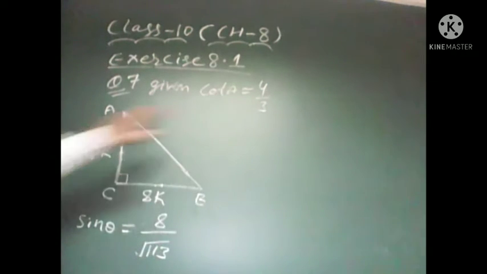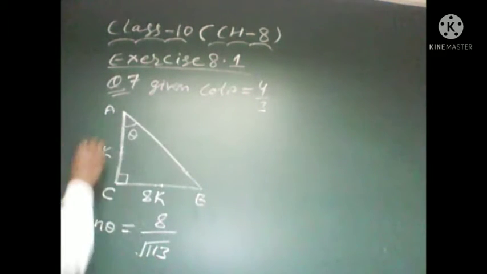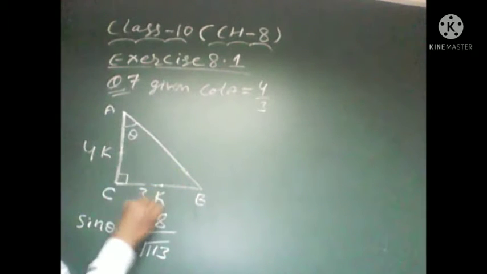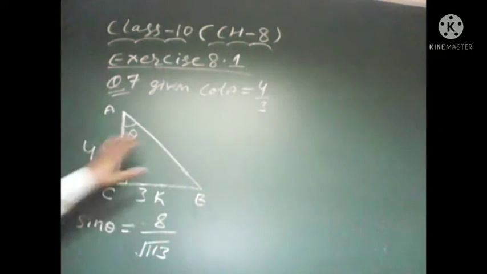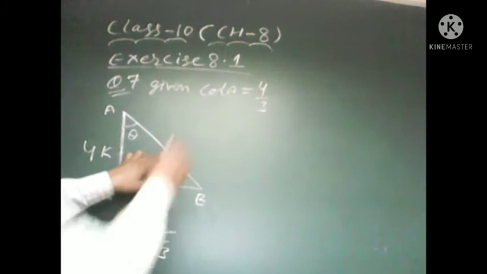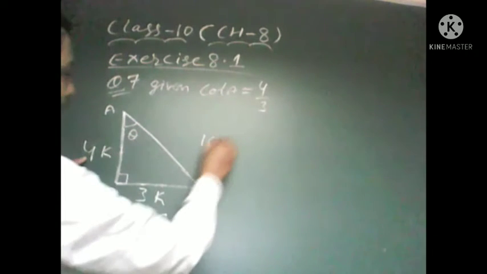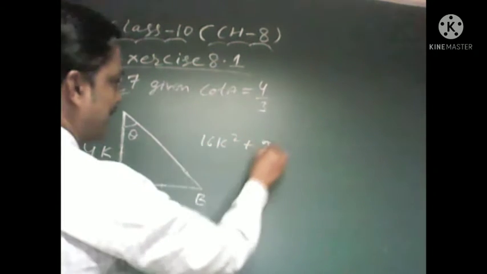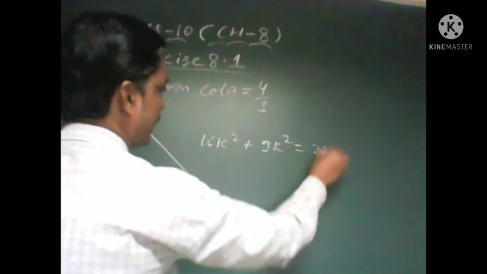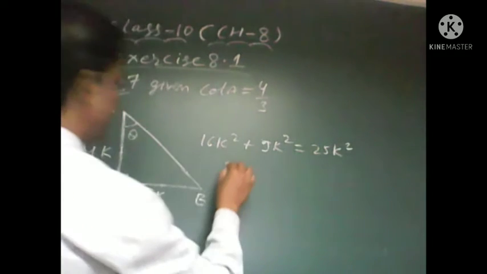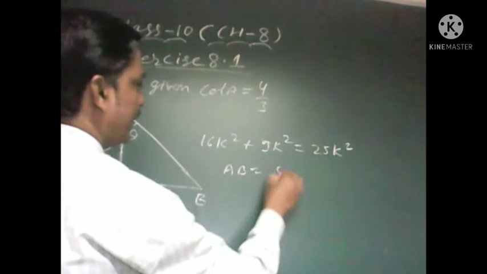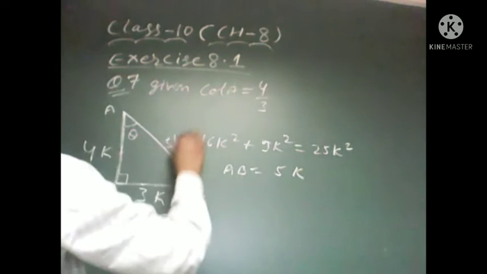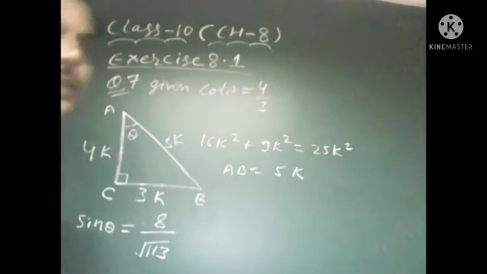Again, what will we take as adjacent here? 4K and here 3K. Yes or no? And you can easily calculate the third side by using the Pythagoras theorem. 16K square plus 9K square, that is 25K square, and it means AB is what? 5K.